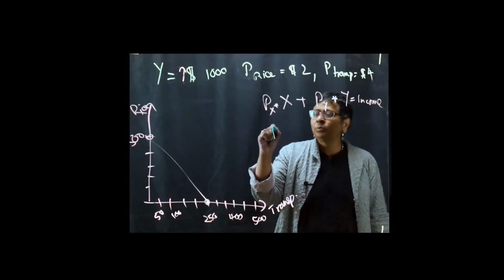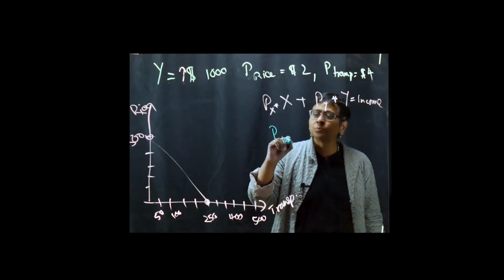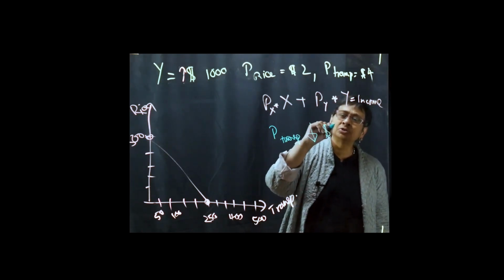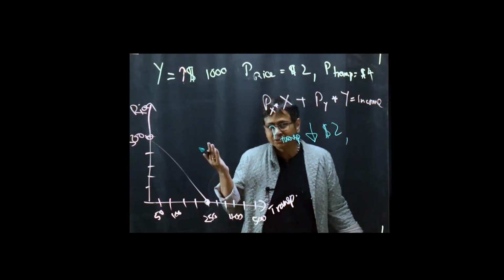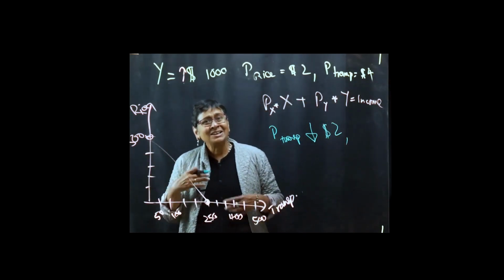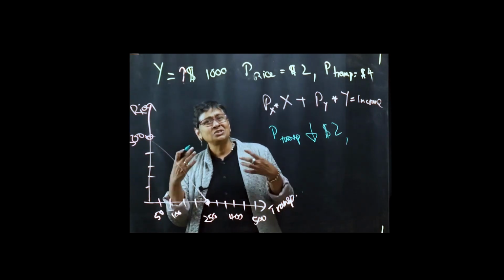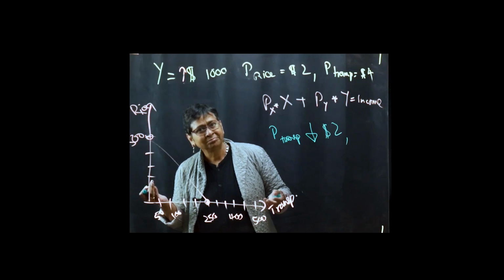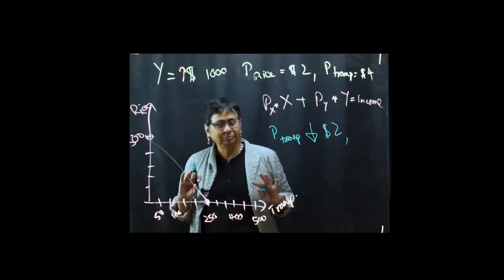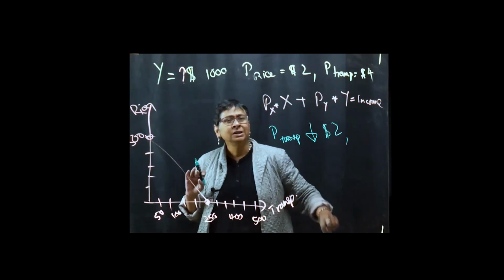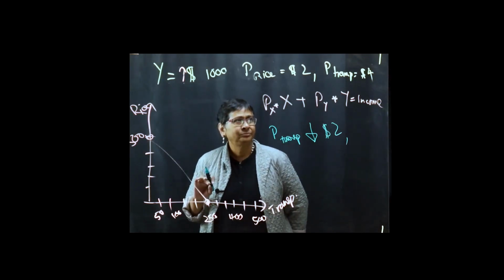What if the price of transport decreased to $2? Because, for example, I'm a member of the University of Washington and UW has decided to subsidize us when we use public transport. So you use your UW pass, you get cheaper transport, it fell to $2.